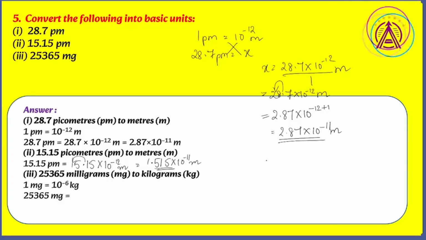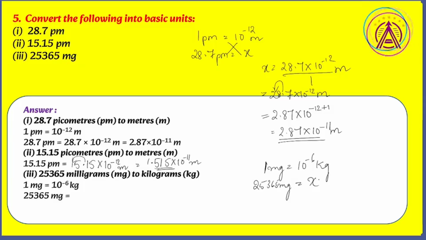Converting your 25365 milligrams. So I know 1 milligram is nothing but 10 to the power minus 6 kilogram. So 25,365 milligrams is how many kilograms? You can just cross multiply, you get nothing but 25,365 into 10 to the power minus 6 kilograms.